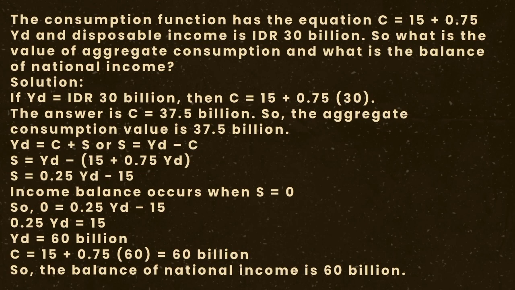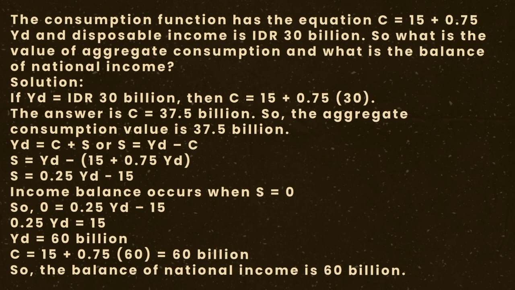So the solution is, if YD is 30 billion rupiahs, then C is 15 plus 0.75 times 30. So the answer is C is 37.5 billion. So the aggregate consumption value is 37.5 billion.